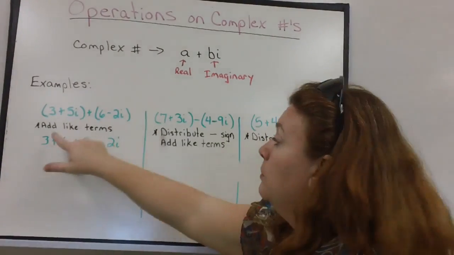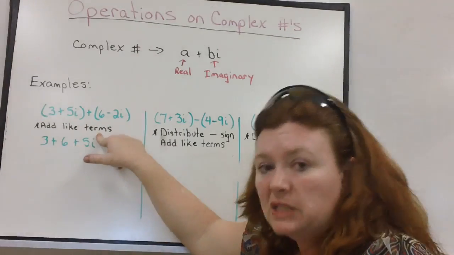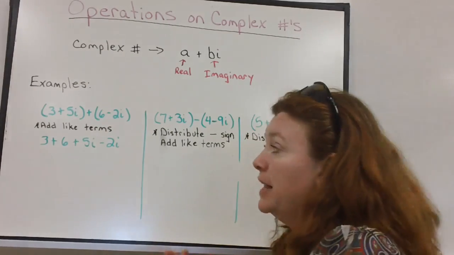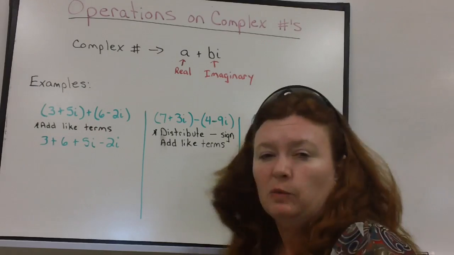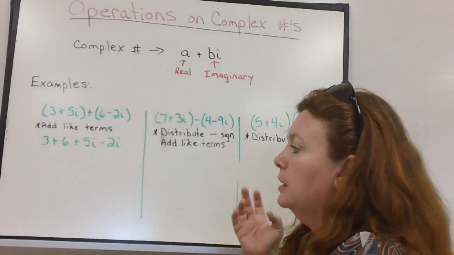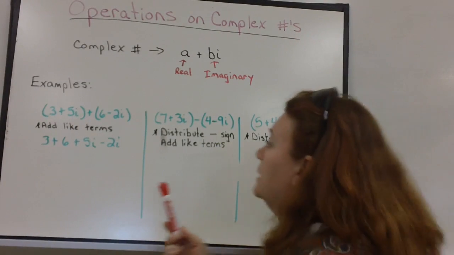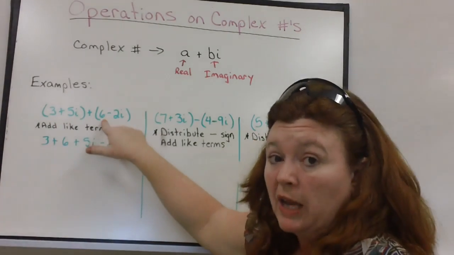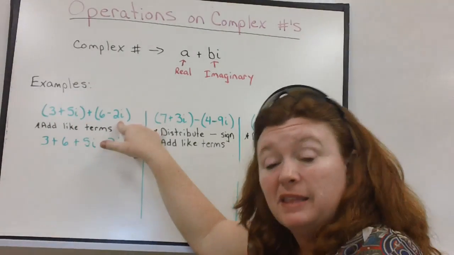An addition problem, all you do is add like terms. We did this all the time whenever you had an x and you just had to add like terms. So what I did here was a little rearranging. I'll use the red. 3 gets added to the 6 because those are like terms. 5i gets added to the -2i because they're like terms.